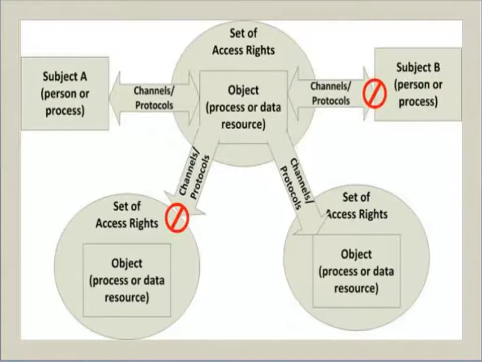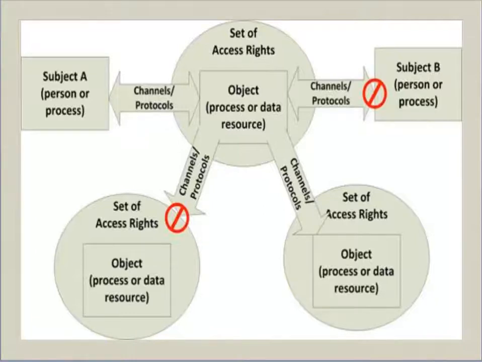Based on the set of access rights, two things will happen. One, the object will either be able to communicate with other objects or be blocked based on security that's been configured by administrators and developers. Or it will be allowed to connect. So you have drop connections and you have accepted connections based on access rights. This kind of approach helps to ensure that processes only get to talk to processes that they're allowed to talk to.